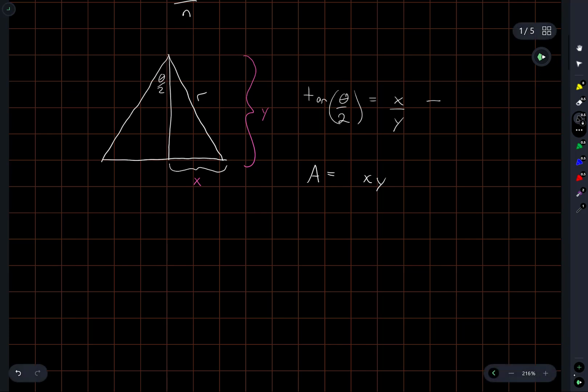So we can rewrite this as x is equal to y tan theta over 2. So the area of one triangle is y squared tan theta over 2.